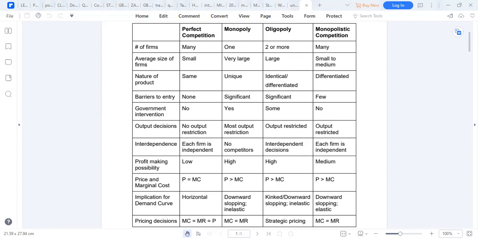So this is how the curves look. In this market structure, like I said, firms make interdependent decisions. So we have firm 1, firm 2. They meet at this kink.